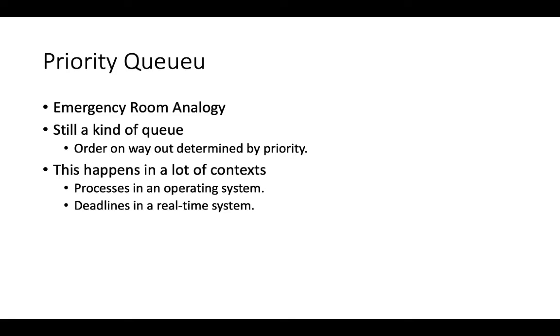The operating system is constantly trying to prioritize different processes and schedule them for execution. Deadlines in a real-time system, right? So your anti-lock brakes or your various flight control systems. They're constantly trying to decide what the earliest deadline is, what has to get done first, and keeping track of the highest priority thing to do.